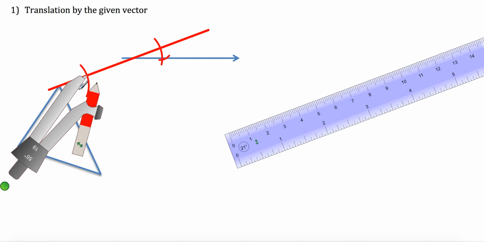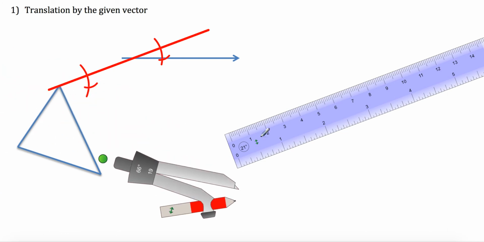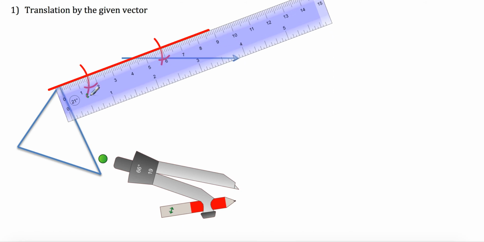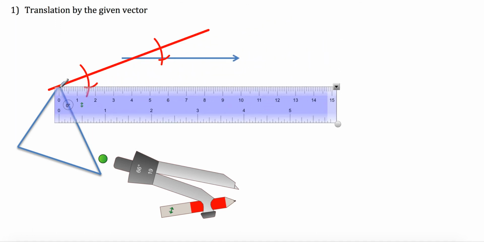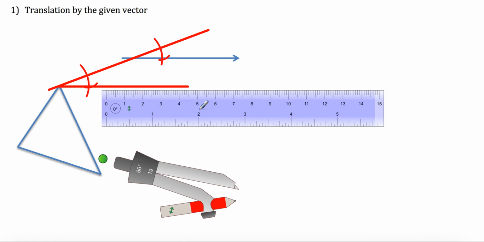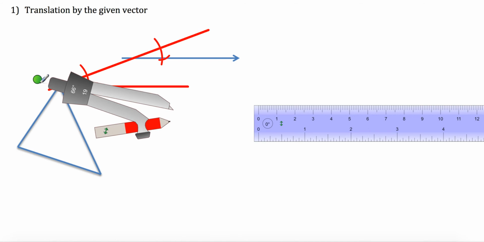Then we're going to go over here, and then all we have to do is go from the point and connect it. Now I ended up drawing a parallel line, but I'm not done yet because a vector not only has the same direction, but the length has to be equal as well.